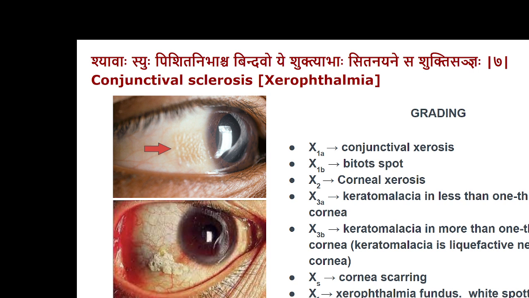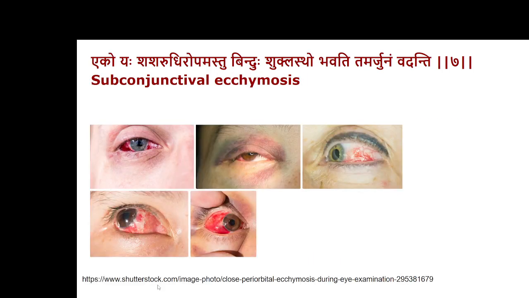X3B is more than 1/3 of the cornea being involved, X5 is corneal scarring, and XF is xerophthalmia of the fundus, with a spotted fundus and decreased amplitude of the electroretinogram. Because the eyeball shape is altered, you will see thick deposition over the area. That condition is xerophthalmia as such.